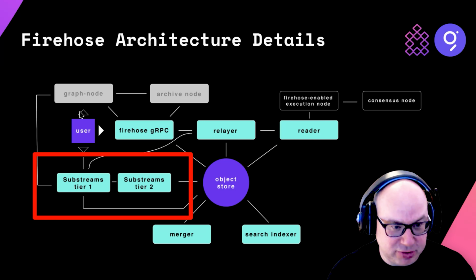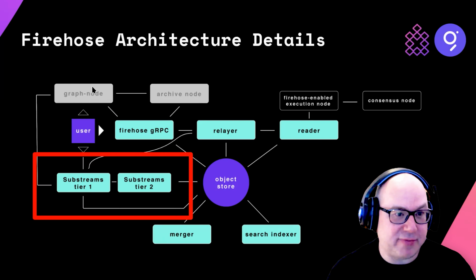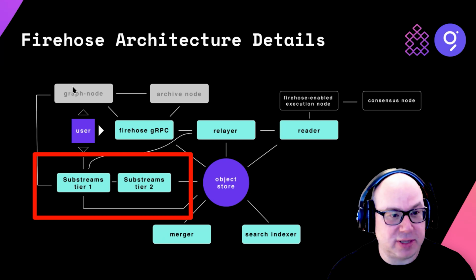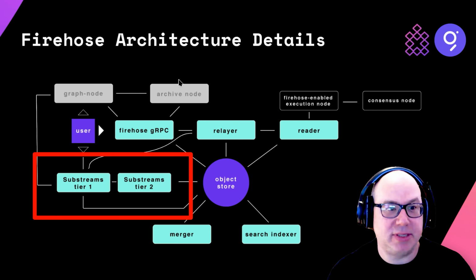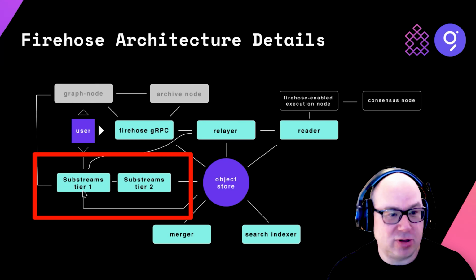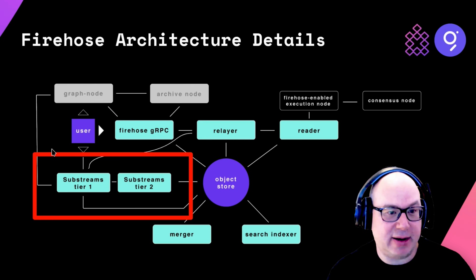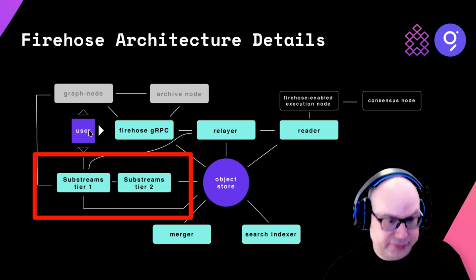So if you've got a substreams-powered subgraph, and you configure substreams in your graph manifest file, graph node can connect to substreams as well. So graph node can either read from an archive node doing RPC calls, it can read from Firehose, and it can read from substreams. So there are multiple ways of getting data into graph node.